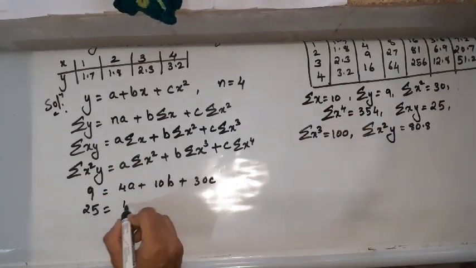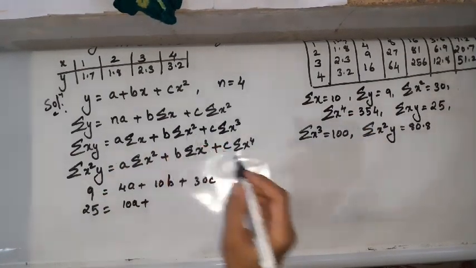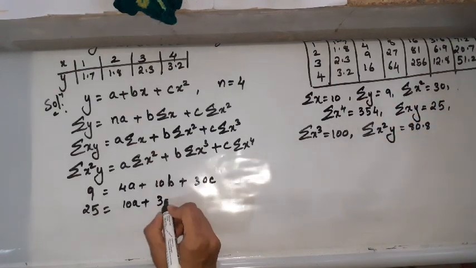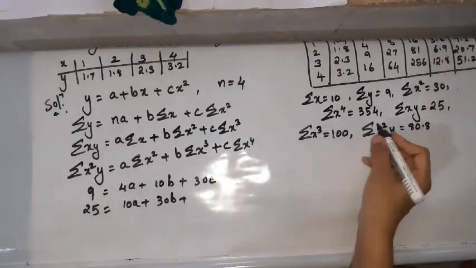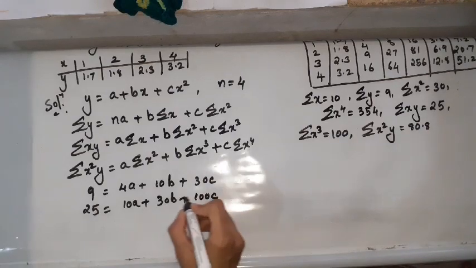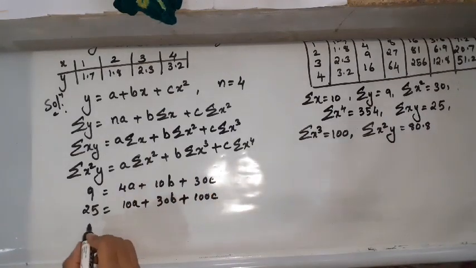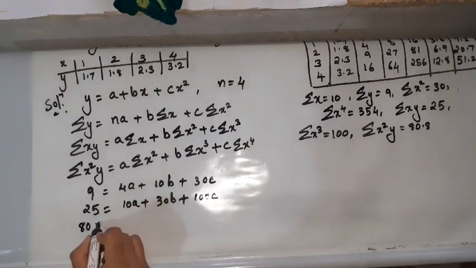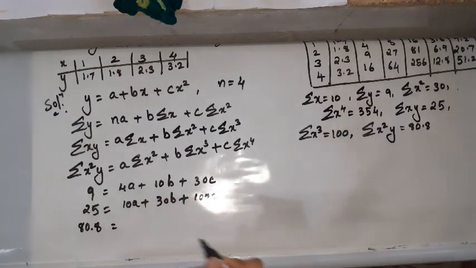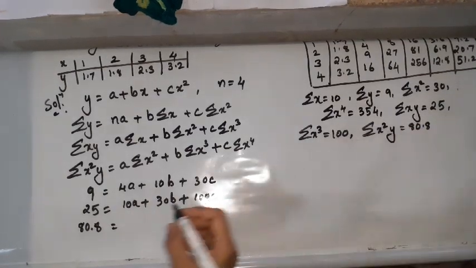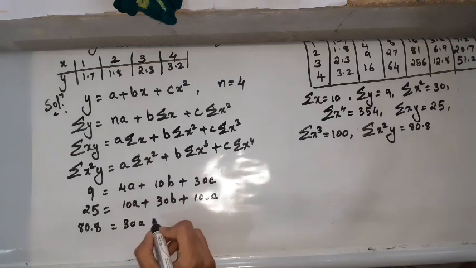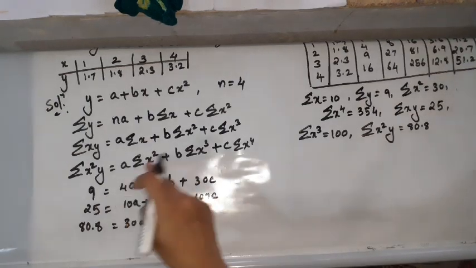Second equation we are doing. Summation x is 10a plus summation x square 30b plus summation x cube, it's 100c. Finally, summation x square y, it is 80.8 is equal to a into summation x square.